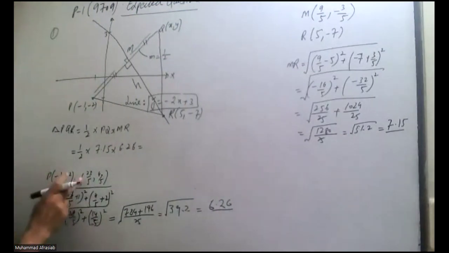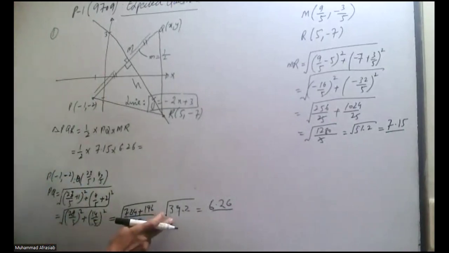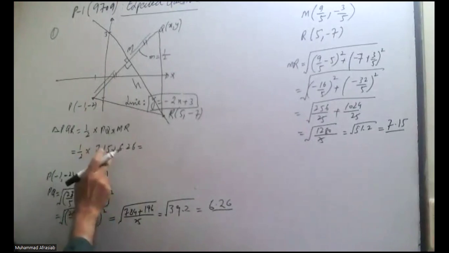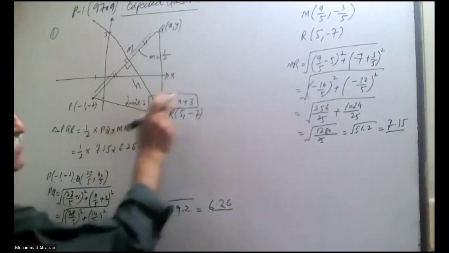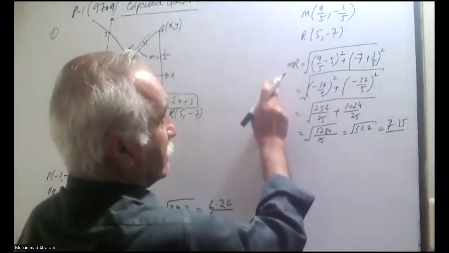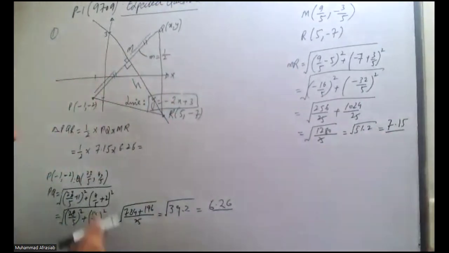This is the PQ length we have calculated here, which is equal to 6.26, and we have got the value of MR. This is M, this is R, and the calculated distance between their coordinates is 7.15.